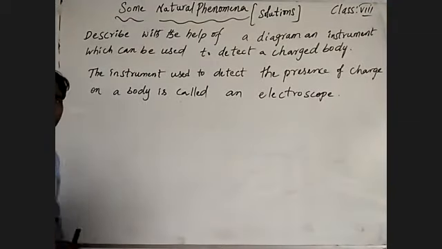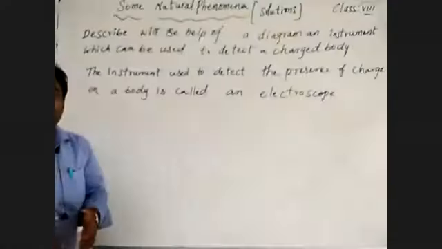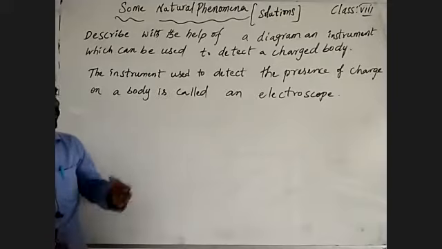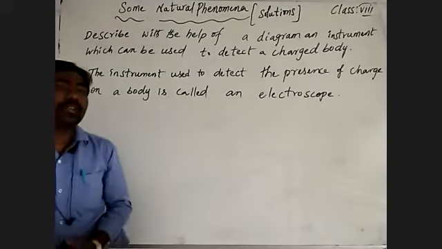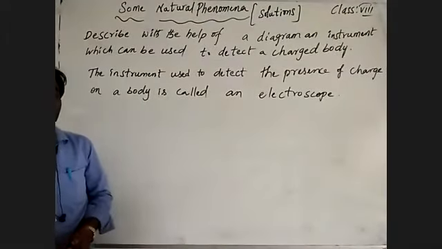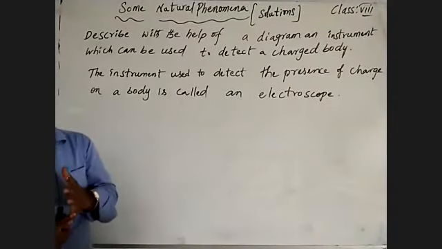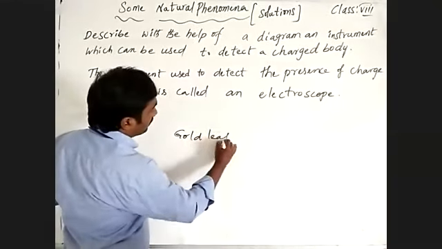By using an electroscope, we can identify whether there is a presence of charge or not on the body. By using a gold leaf electroscope, we can identify what type of charge is present on the body, whether positive or negative. Gold leaf electroscope, or otherwise you can call it a gold foil electroscope.